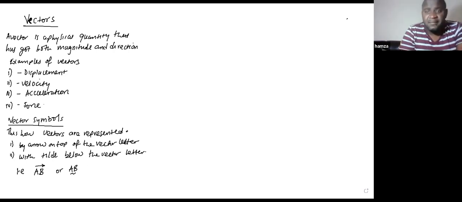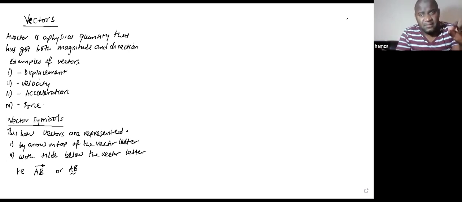Without them, it is just the word AB. But if I want to read the vector AB, then I have to put one of those notations. If you don't put them, you are reading just like you read any other letters combined together, just the way you read any other two letters in English.